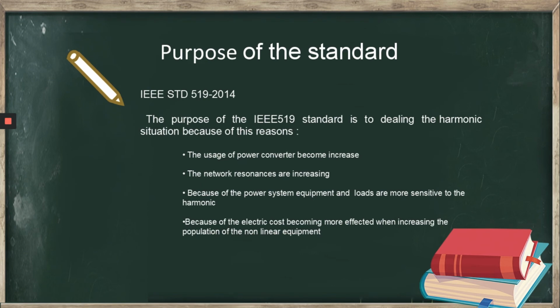This also affects the signal, becoming harmonic. Then, power system equipment and loads are more sensitive to harmonics. The last one is that the electric cost is becoming more affected as the population of non-linear equipment increases.